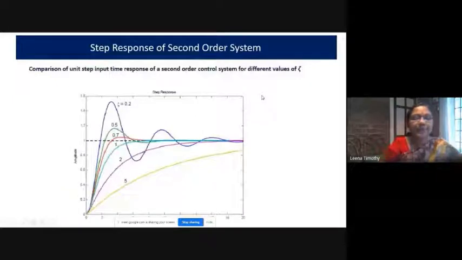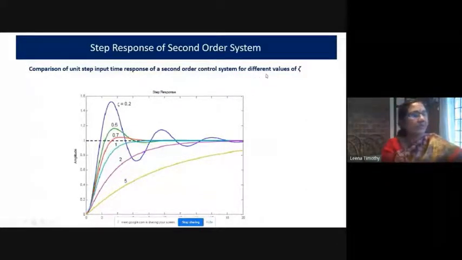And this is the comparison of unit step input time response of a second order control system for different values of theta.